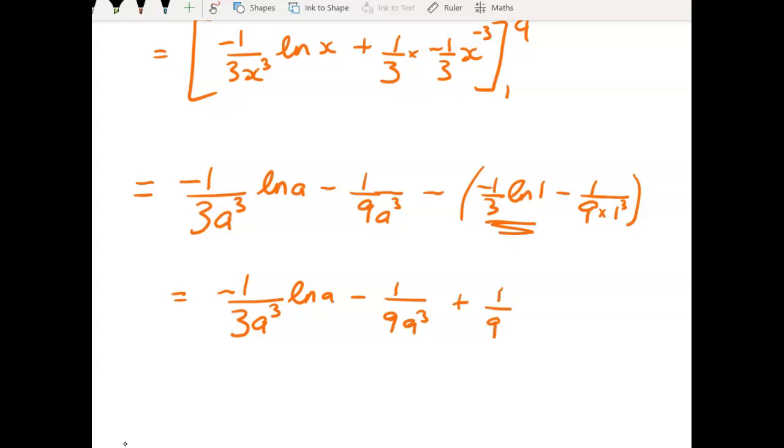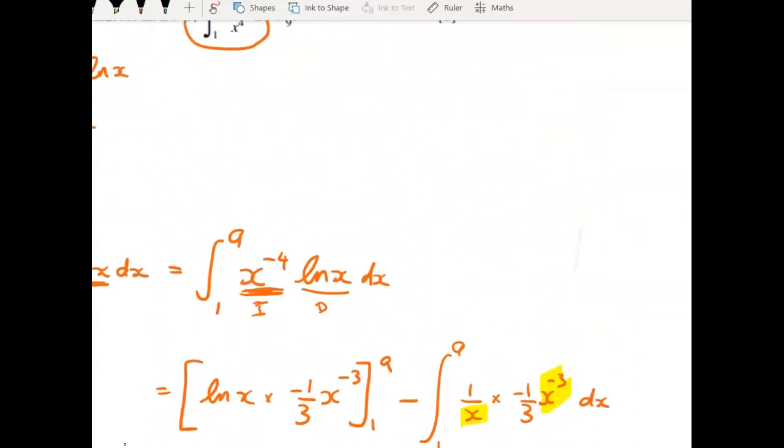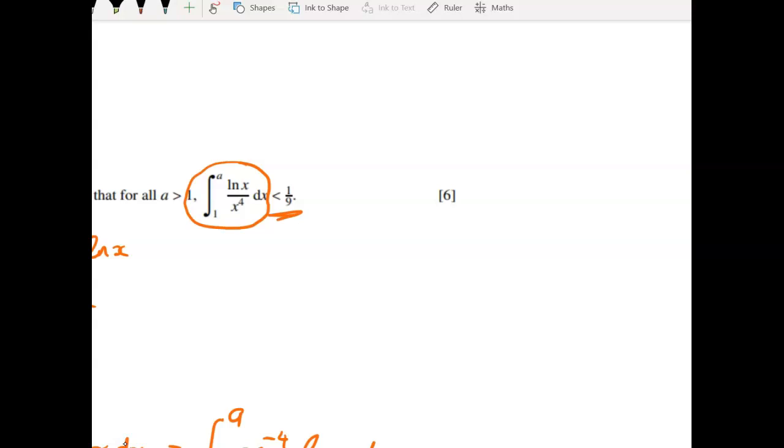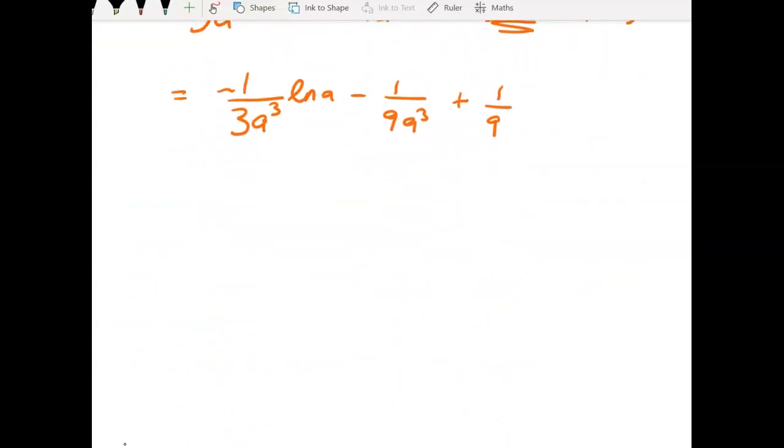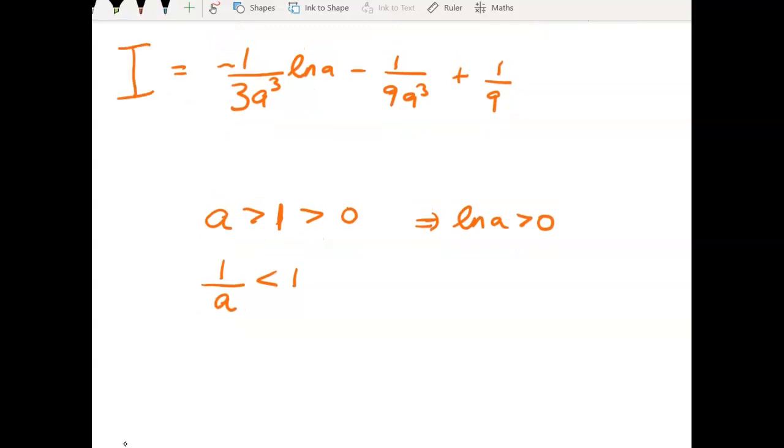So we're just about finished the problem, because remember what we were told to show was that this integral was always less than 1/9. So what do we know? Well, a is greater than 1, so it's also greater than 0. And that means that the natural log of a is positive, and 1 over a is going to be less than 1. So my integral, which I'll call big I, is equal to 1/9 minus 1 over 9a cubed minus 1 over 3a cubed times the natural log of a.